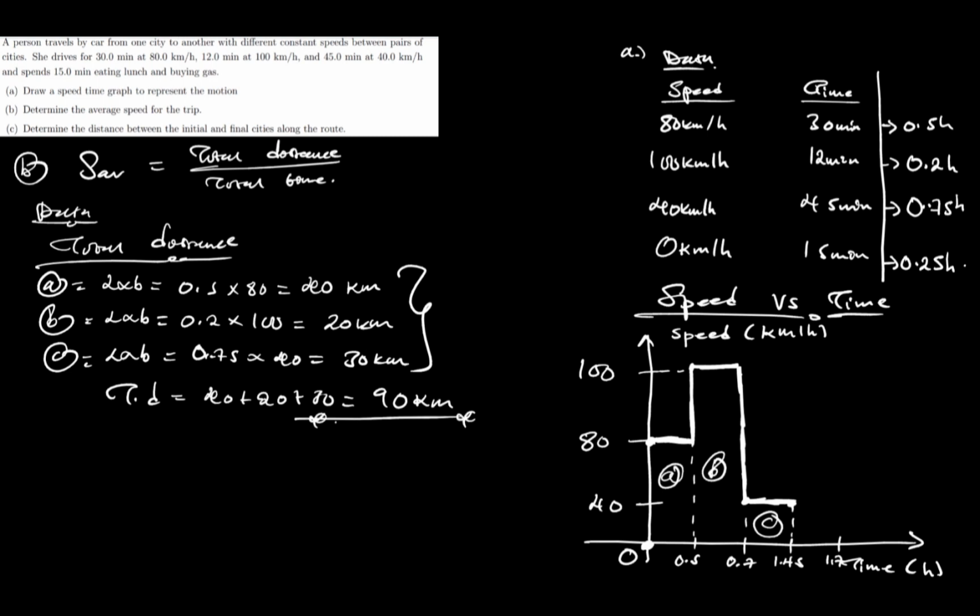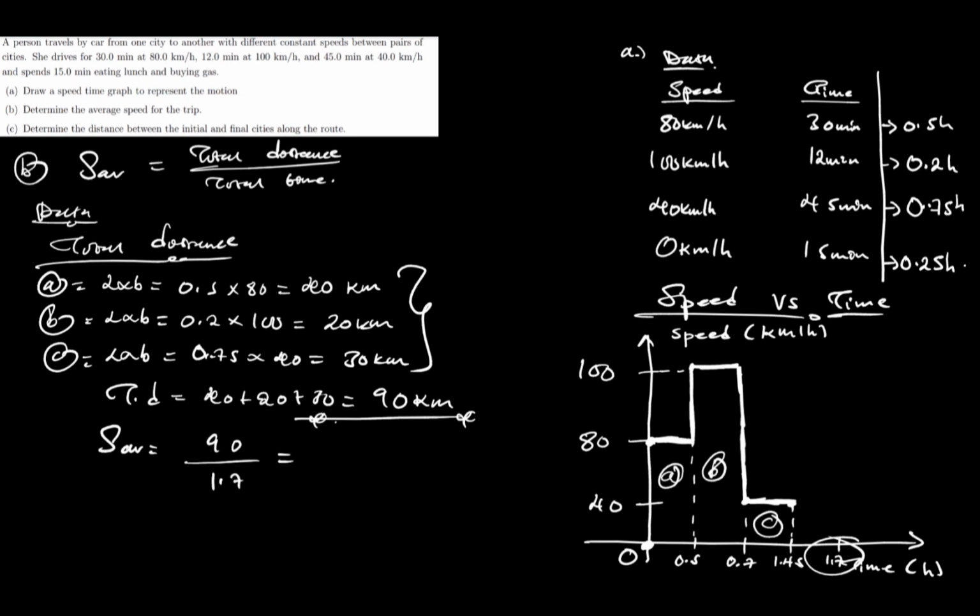All right, so this is the distance you have from 0 to 1.7, from all the cities that you are having. Then to find the average speed, you set total distance, which is 90, divided by total time, which is 1.7.